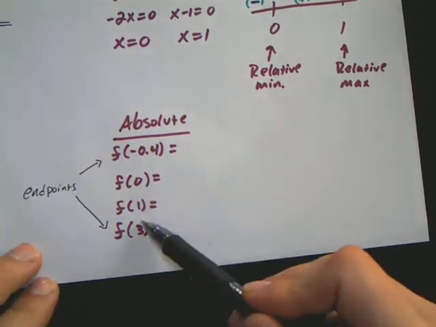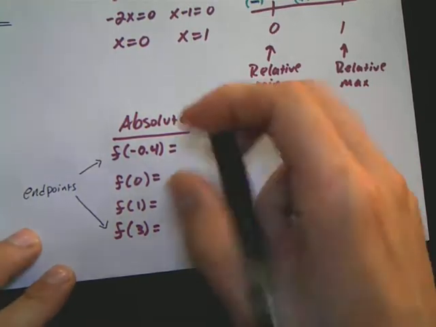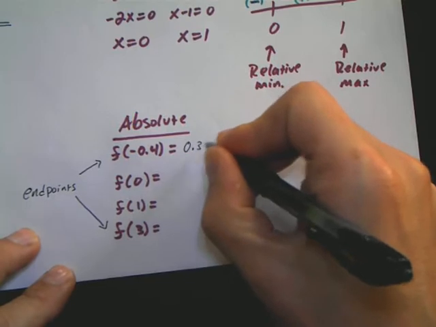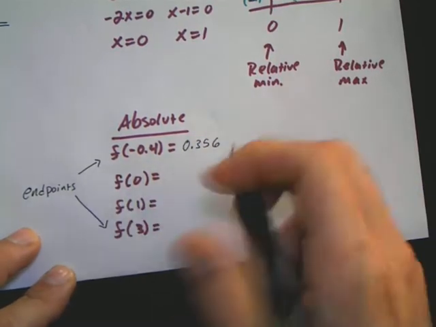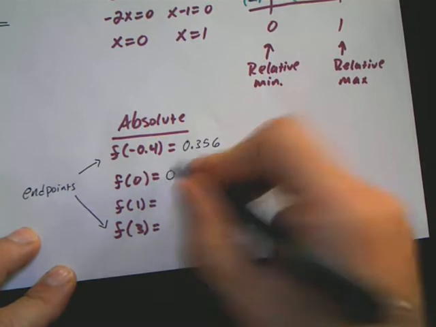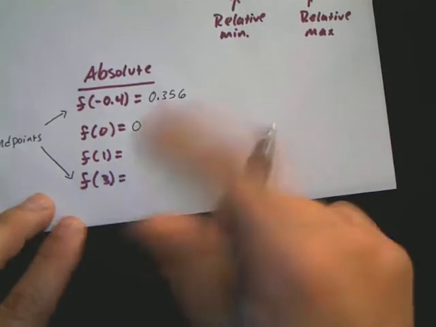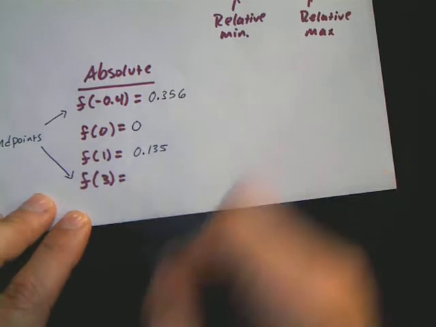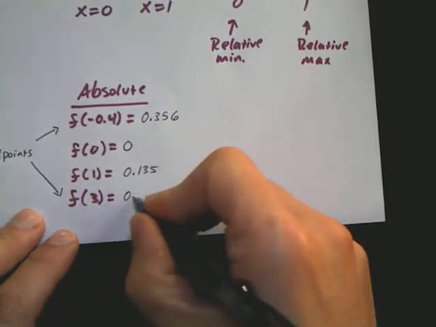When I plug negative 0.4 into the calculator, I end up with 0.356. When I plug 0 into the function, I end up with 0. When I plug 1 into the function, I end up with 0.135. And when I plugged in 3, I ended up with 0.022.